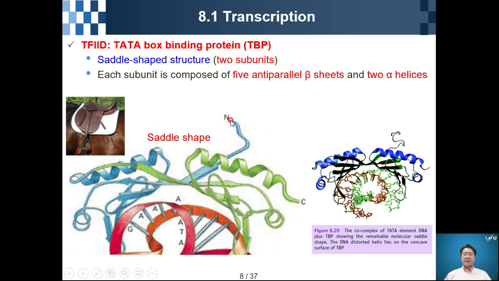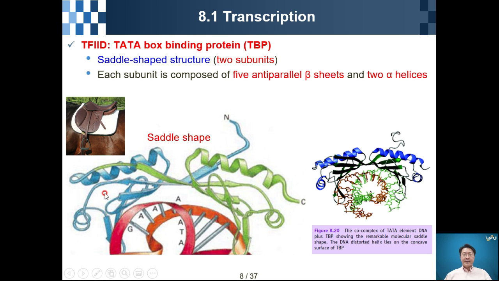Let's start from the left one: one antiparallel, after that two, three and four, five. After the five, they have the alpha helix. Between the first and second antiparallel, there is another alpha helix located here.